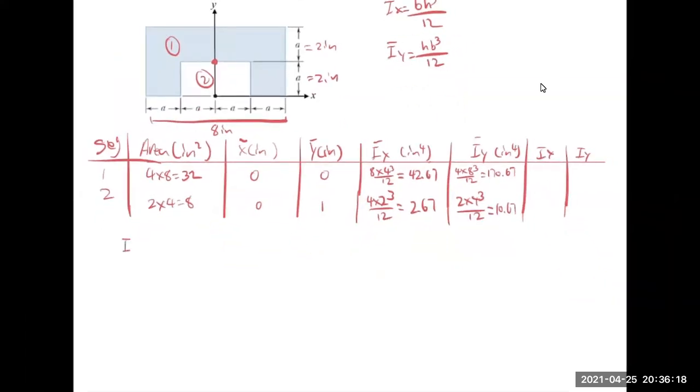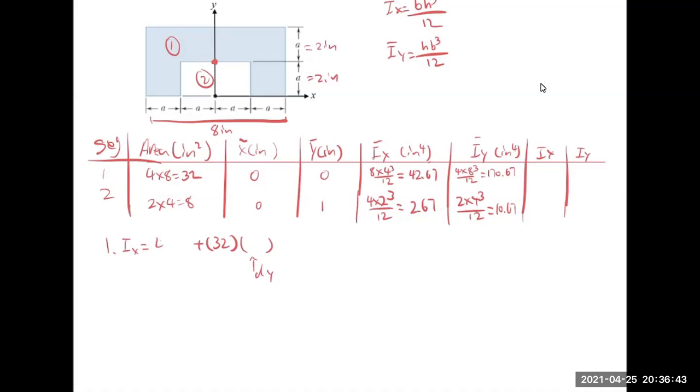So for segment 1, Ix is equal to 170.67 plus the area, 32, multiplied by dy. Oh, hold on, my bad.